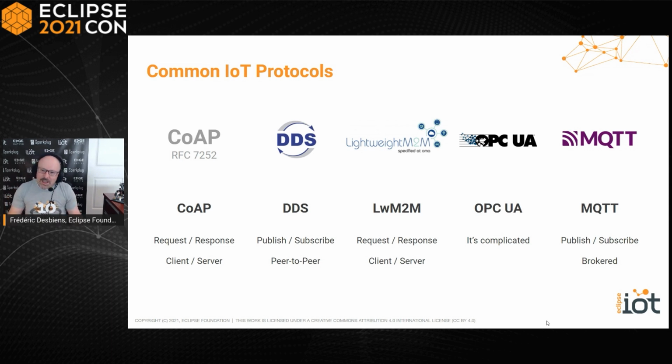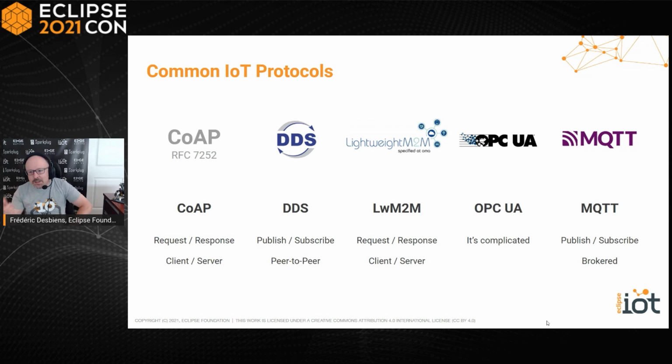In the case of DDS, that's managed by the DDS Foundation under the OMG. Lightweight M2M is specified at OMA. OPC UA is its own little, it's a huge thing, right? And MQTT lives at Oasis. And each of them has a different model. So depending on your use case, maybe publish subscribe is a better choice, maybe request response is a better choice. Anyway, so we'll go in great depth on CoAP, DDS, lightweight M2M, and MQTT in this presentation.